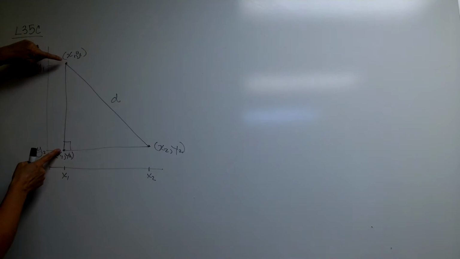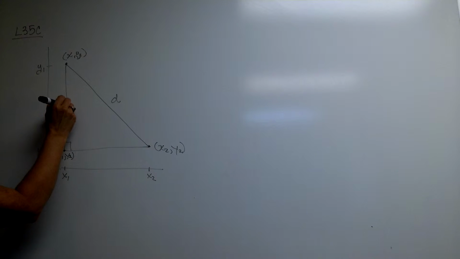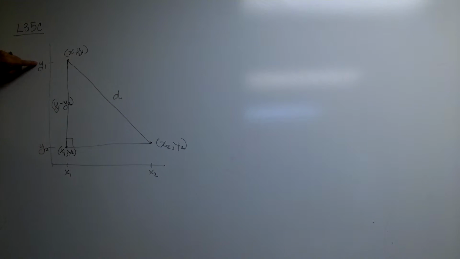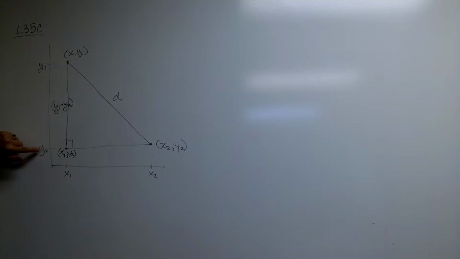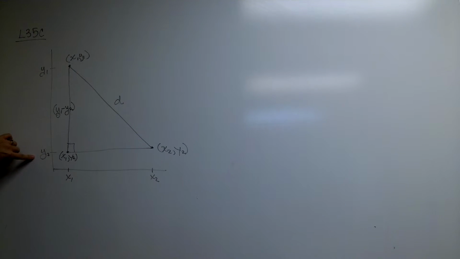So this length right here is y1 minus y2. You have to think about that for a minute. We're at 2, and this is 4. So 2 minus 4 gives me negative 2, or 4 minus 2 gives me positive 2.